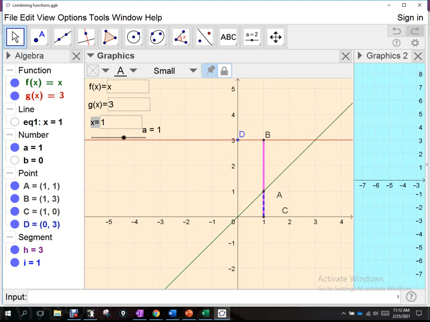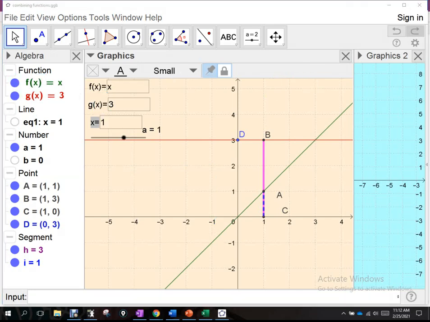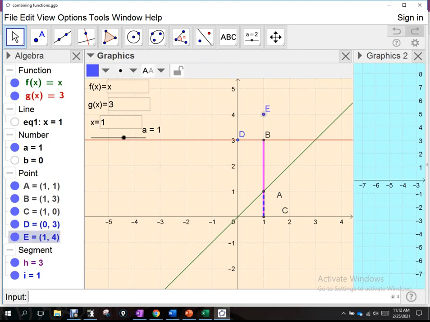Now, if x is at 1, let's take that blue dotted distance, which is 1, and add it now to the pink distance. What would that give me? 4. So when x is 1, that sum is 4. Let's make this 2.